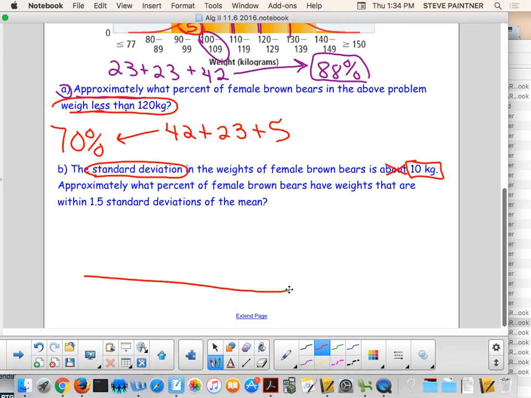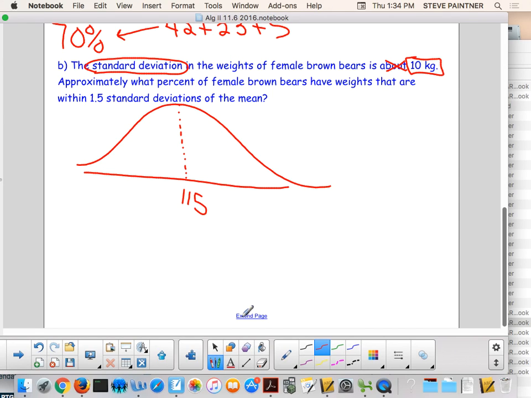I'm just going to make a picture of these brown bears, with the average brown bear weighing 115, correct? Now, what's the standard deviation? 10. So if I go 10 up, 10 back, it's 125 and 105. If I go another standard deviation, it's 135 and 95. I can do more, but I'll just quit there.